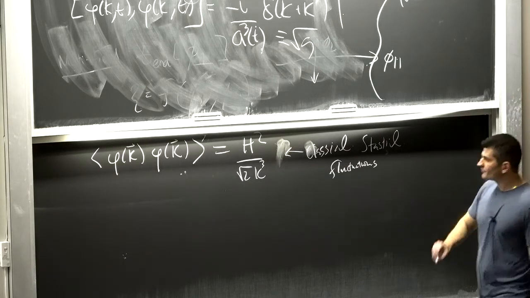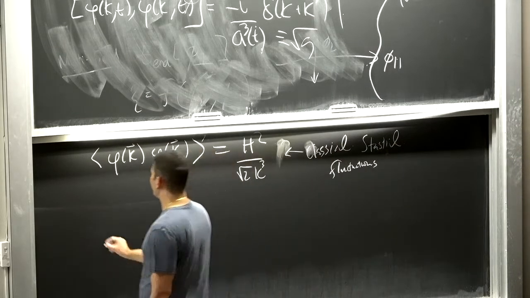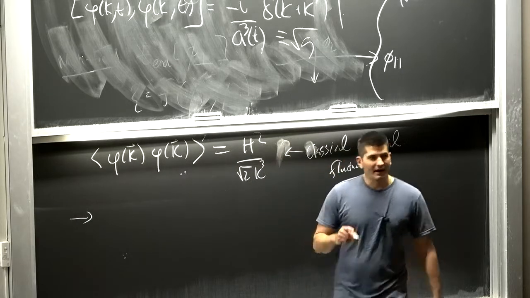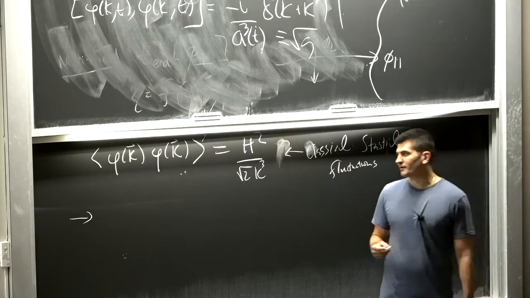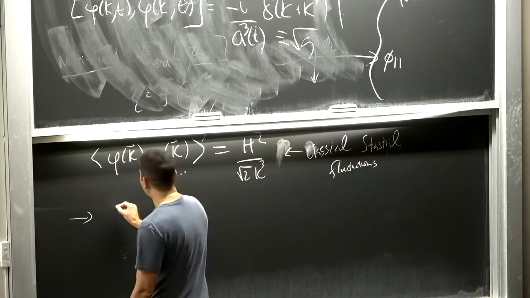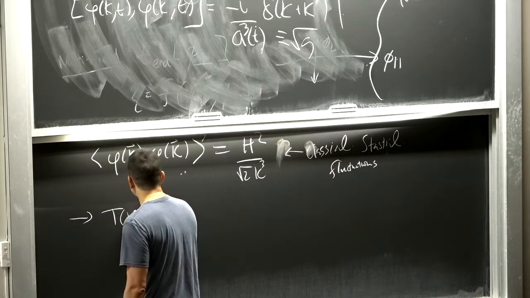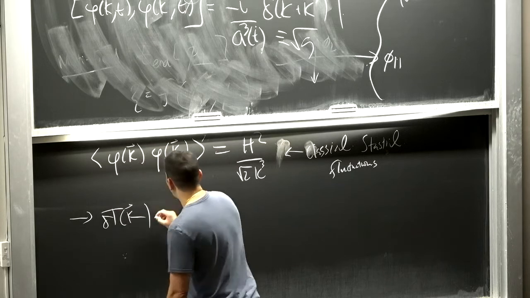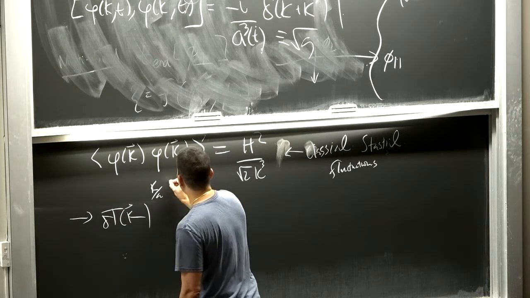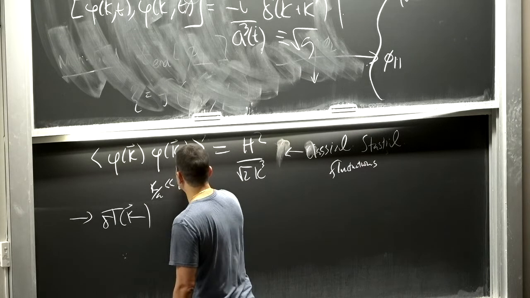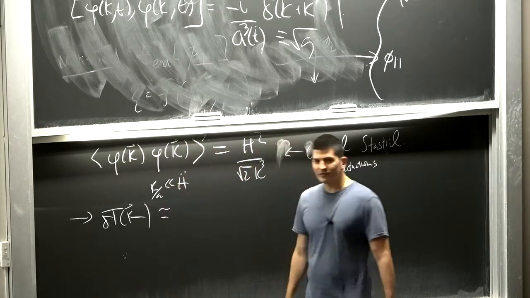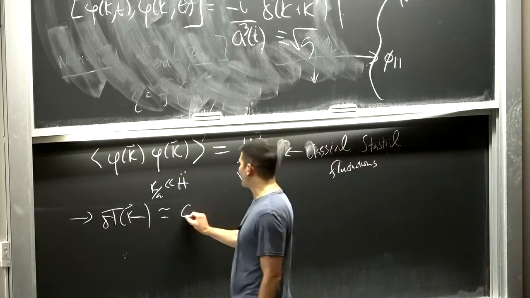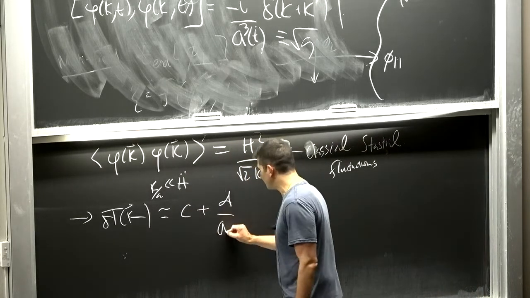OK, now the final conclusion we can take from this is that remember that I also needed this exact same property in order to explain why there's phase coherence. Remember we said that when we were looking at these temperature fluctuations in Fourier space outside the horizon, so k over a is much less than H, I told you that some equation that I didn't write down would tell you the answer and that it would go like a constant plus another constant over a cubed.